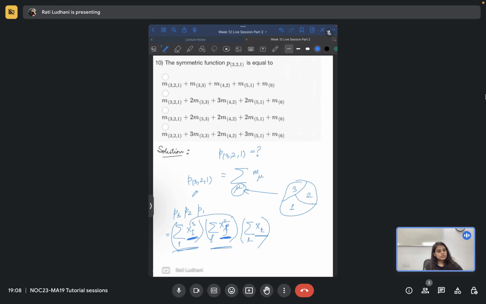You can have two degrees clubbed, that means you can have x1 cube, x1 square, and here x2, where the third one is different. So you can get 5 comma 1 combinations, and also 4 comma 2, 3, 3, and 3, 2, 1. You can combine these, and whatever combinations you get will give you the answer.